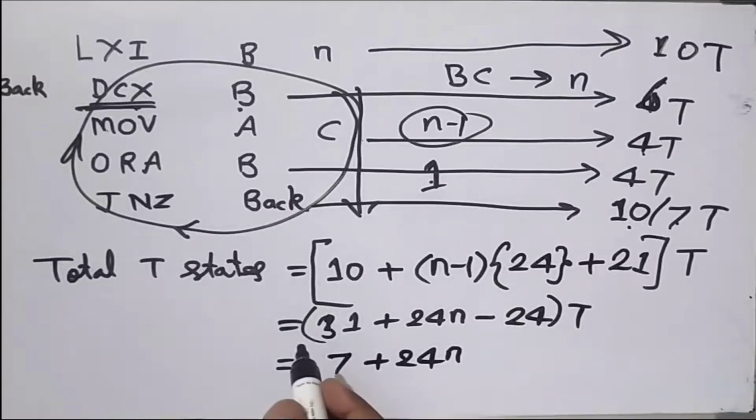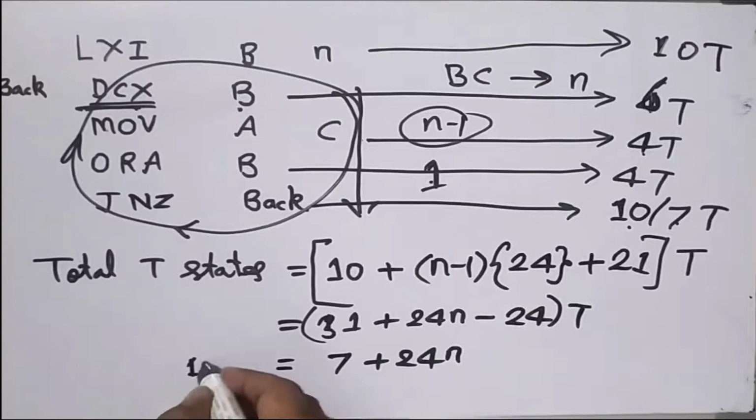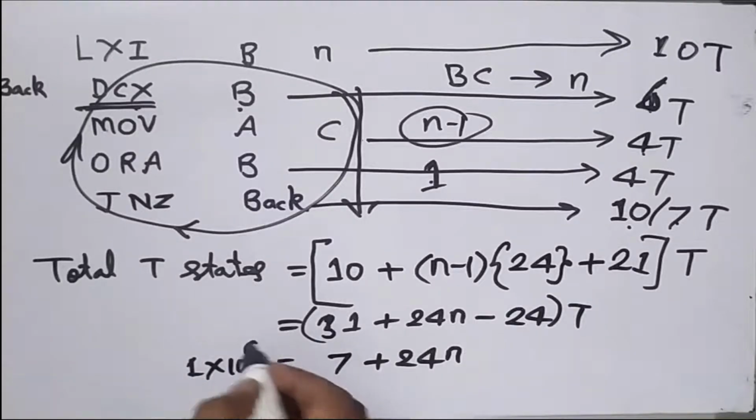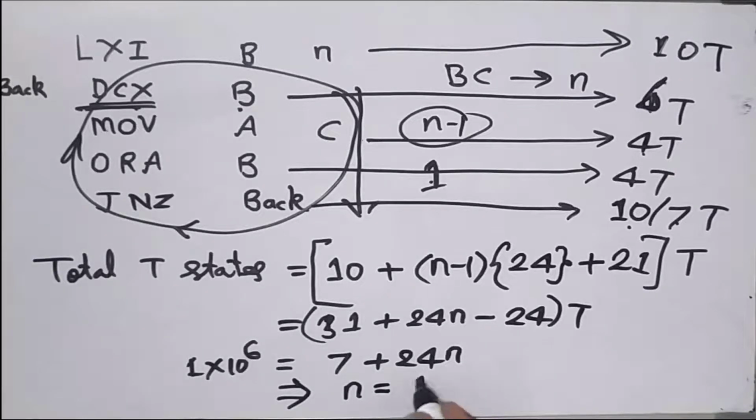Now we have calculated that the number of T states required is 1 into 10 to the power 6. After calculation you will find n equals 41666 in decimal.